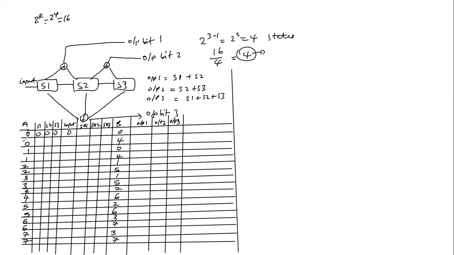So I just want to drop down the truth table, right? 1, 2, 3, 4, 5, 6, 7, 8. Then we have 1, 2, 3, 4, 5, 6, 7, 8. We have 1, 2, 3, 4.